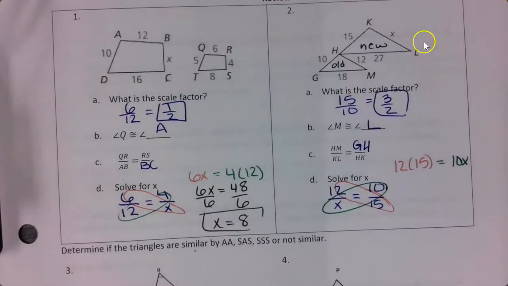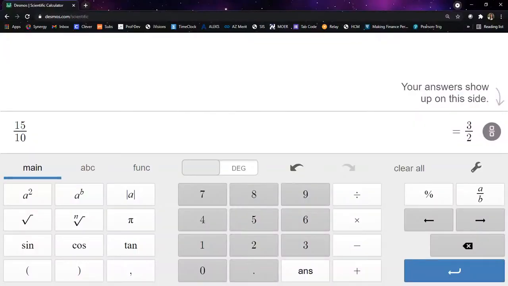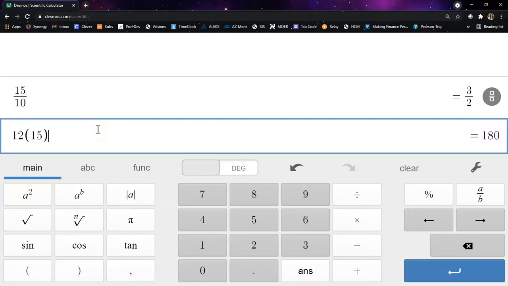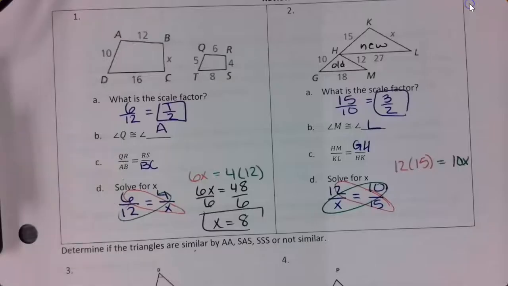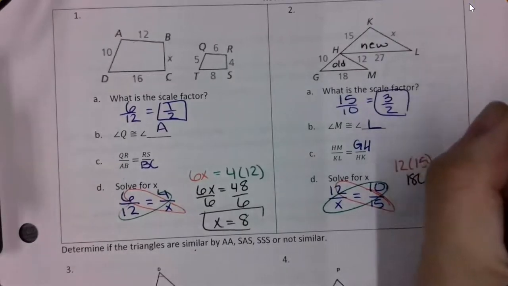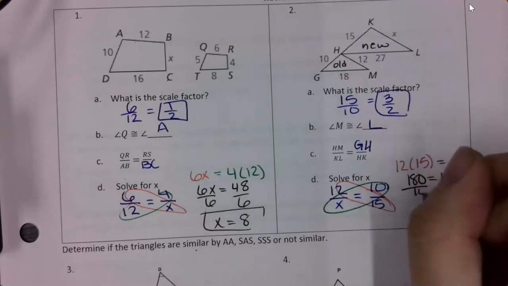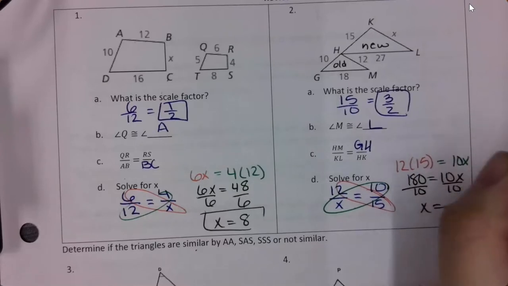I don't know 12 times 15, so I'm going to go to Desmos and type that in. Gets me 180. Then I can divide both sides by 10. I get x equals 18.